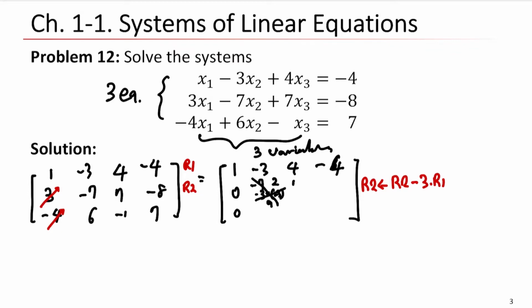Similarly, this term is 7 minus 3 times 4, which is 12, so it will be -5. And this term will be 4. I will skip every procedure, but please try to solve this yourself. Then check whether your solution is right or not.